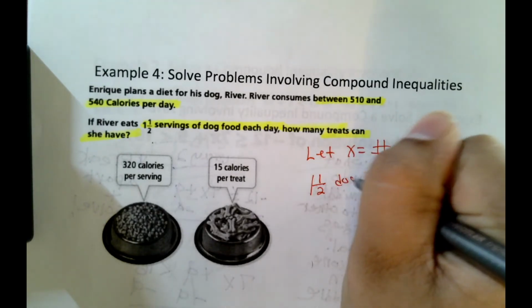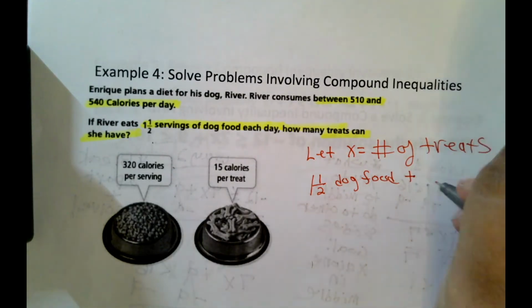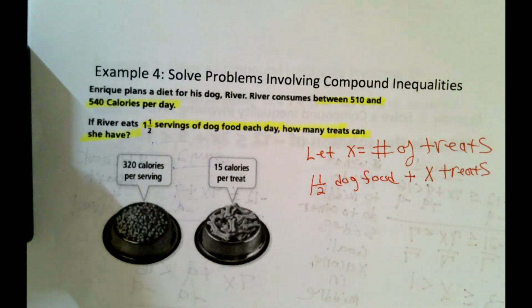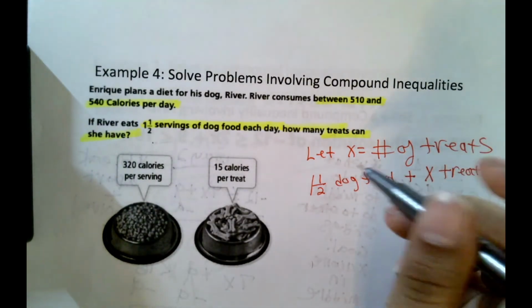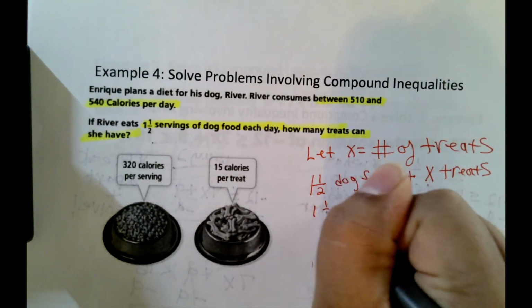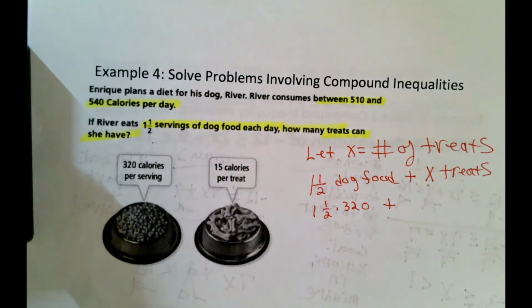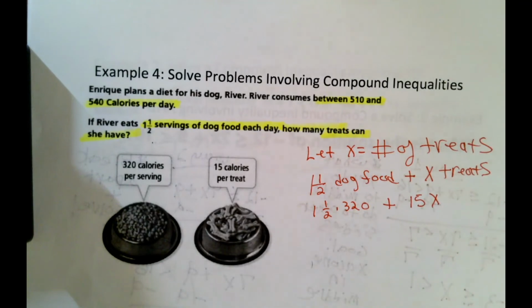So we figured out that part. Let's go ahead and break this down a bit. We know that it's 320 calories in dog food, so 1 1/2 times 320, plus there's 15 in our treats. So if we want to know how many calories, it's 15 times however many treats we had, right? If you type this in your handy dandy calculator, you're going to get 480 plus 15x.